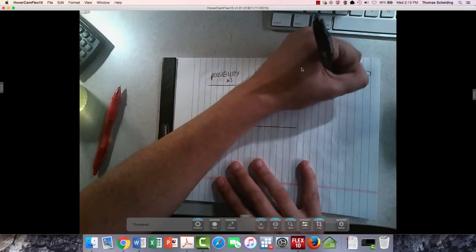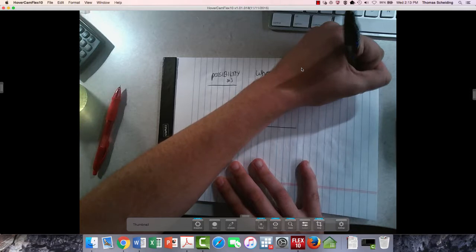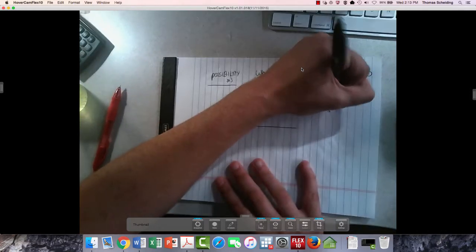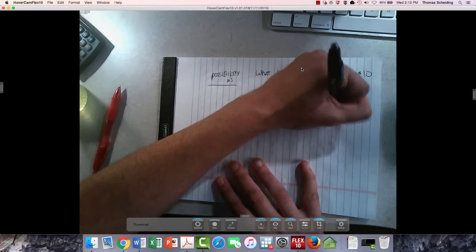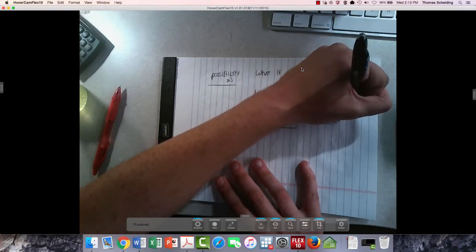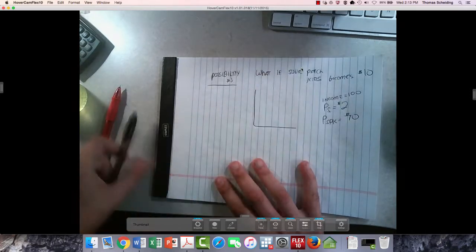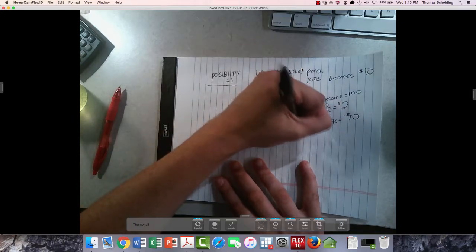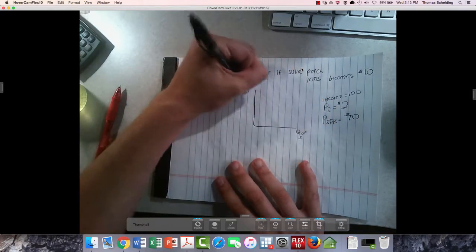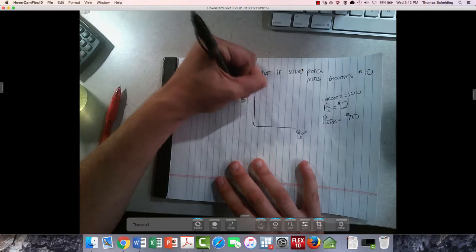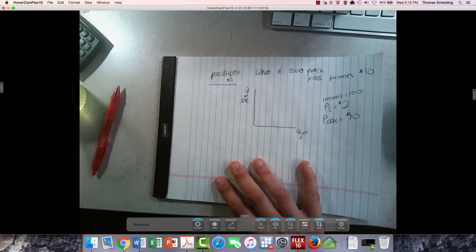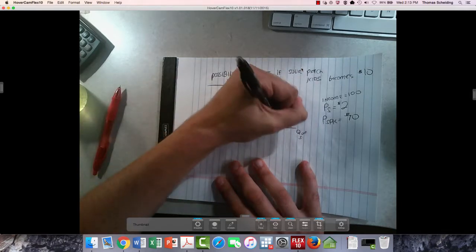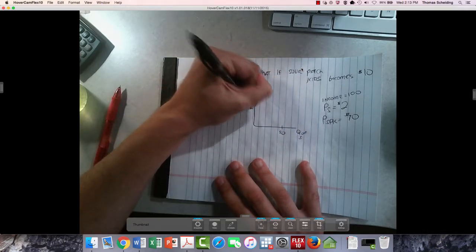So my income is still 100. Price of Skittles is back down to its $2 price. Price of my Sour Patch Kids is now $10. Going back to our math here, it was originally at 50 and 20.